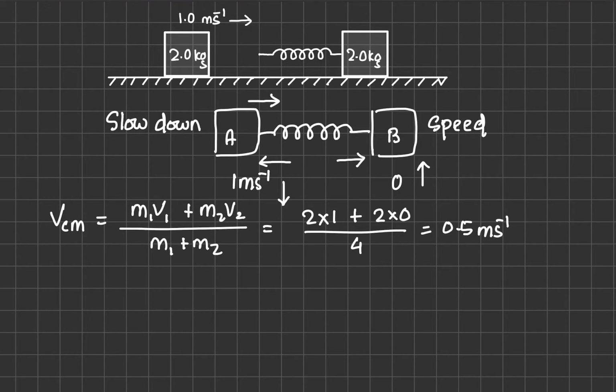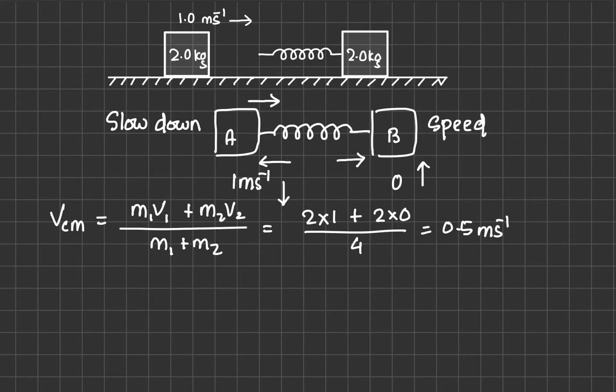Now, after they attain the velocity of center of mass, still A's velocity tries to decrease and B's velocity tries to increase. This creates again a relative velocity. But if we analyze the situation, as B is speeding up and A is slowing down, and velocity of B is more than velocity of A, so the spring tries to extend further.